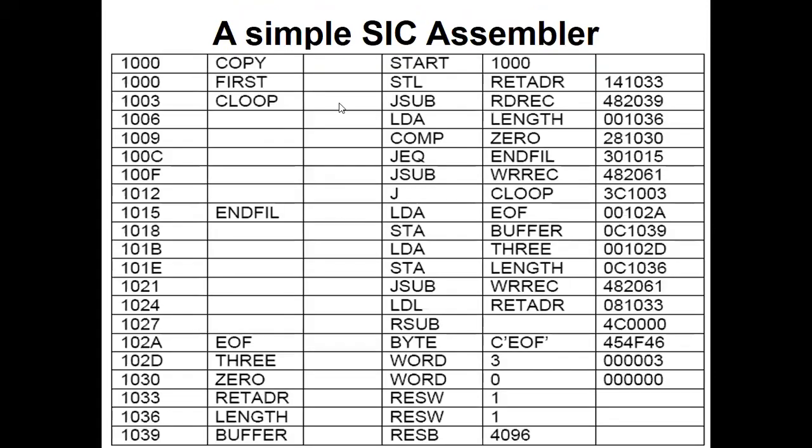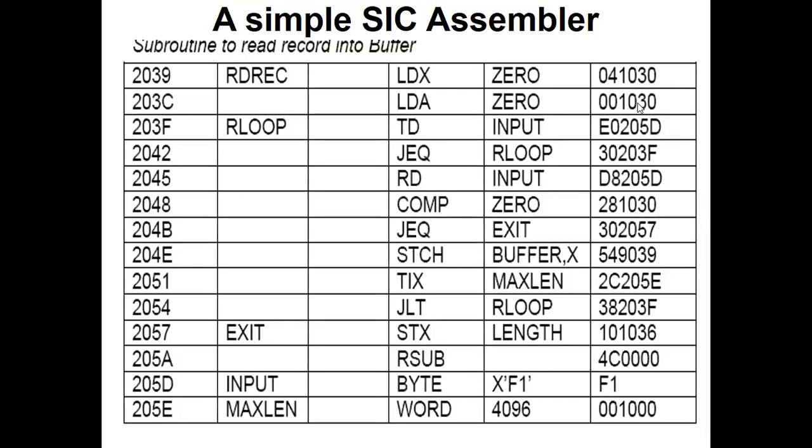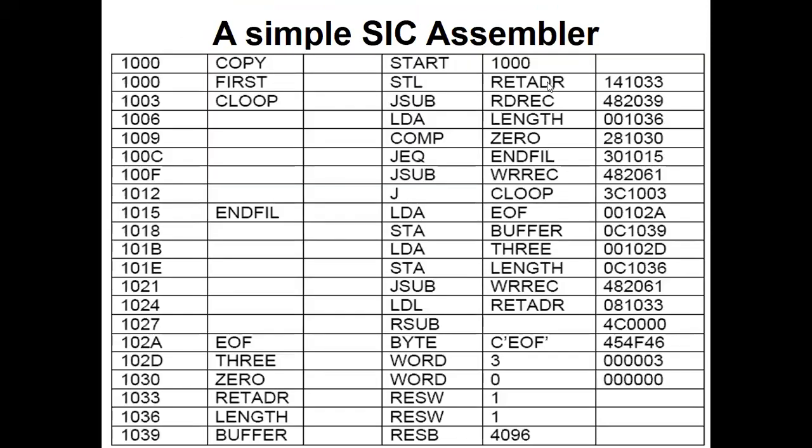Therefore the machine language instruction for jump to subroutine RDREC is 482039. 48 is the opcode for jump to subroutine, and 2039 is the address where RDREC is. So the machine language instruction becomes 482039.